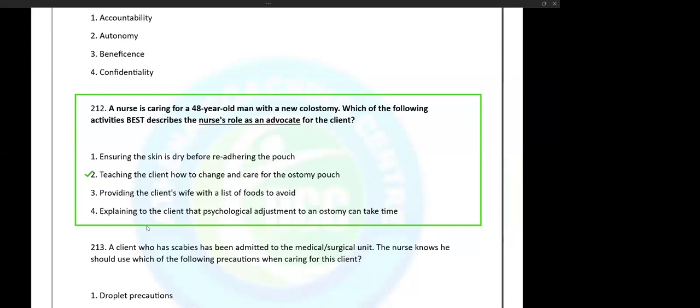But we don't give that immediately, telling the patient that psychological adjustment to an ostomy is really hard and will take more time. Okay, so that is also supporting the patient. But when we compare the second and fourth, the better answer is the second one.